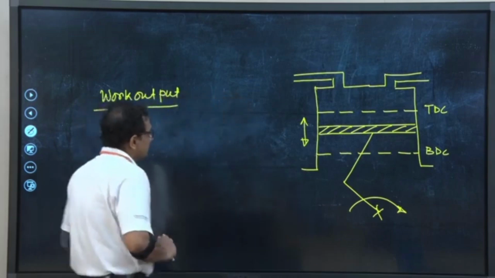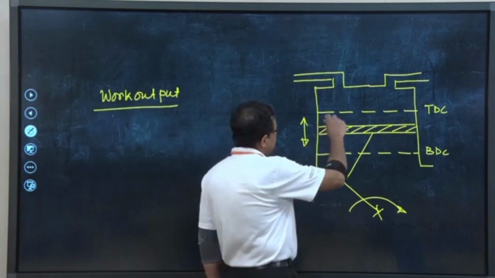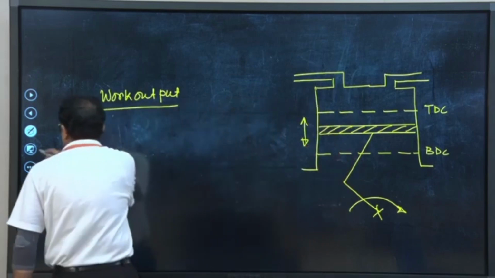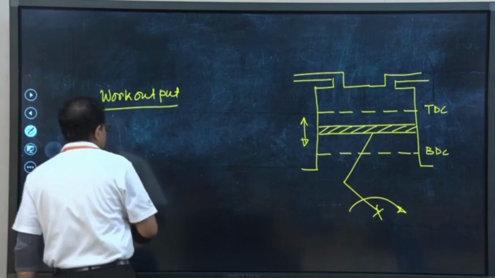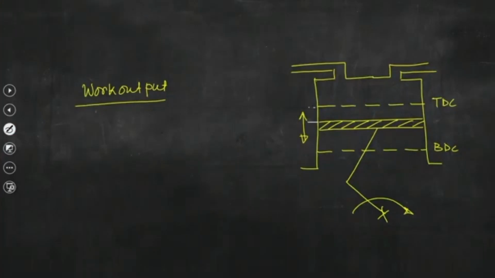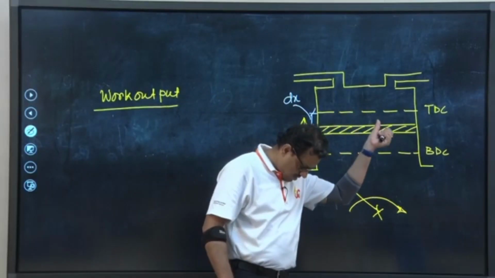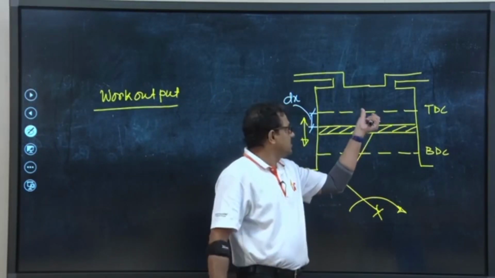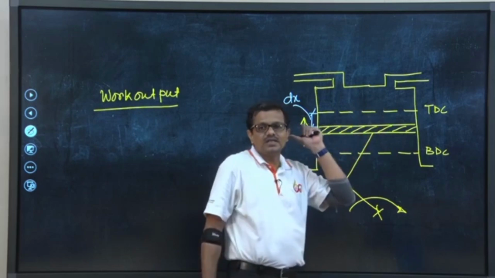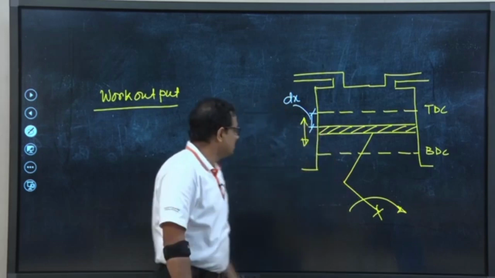So, say that the piston has displaced this small distance dx because of the gas pressure inside the combustion chamber, and then what would be the expression of work done?